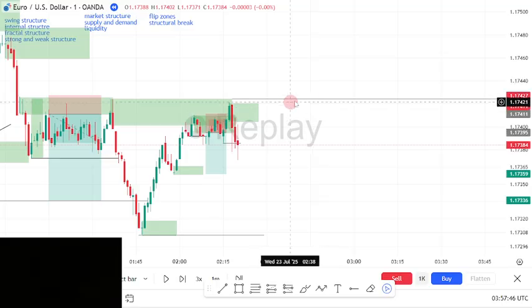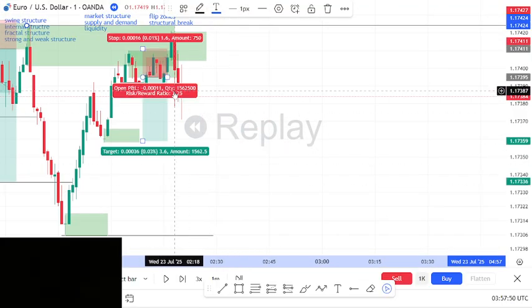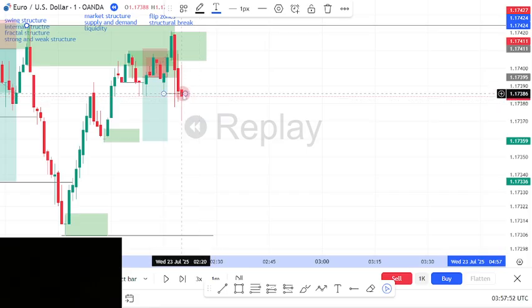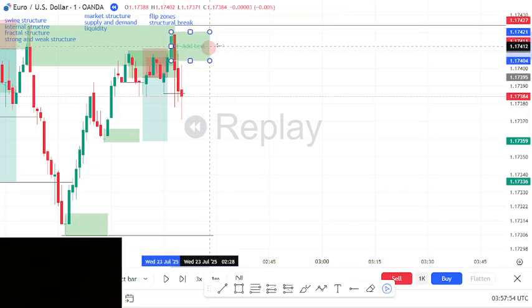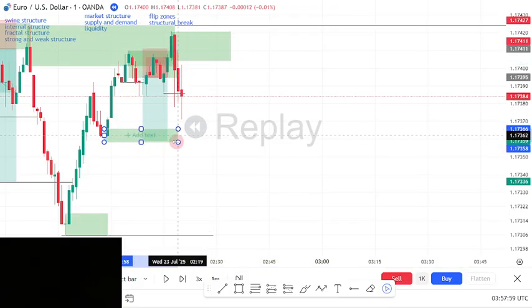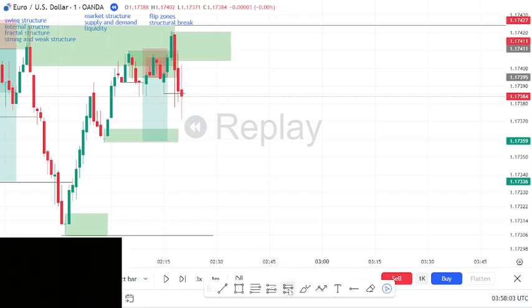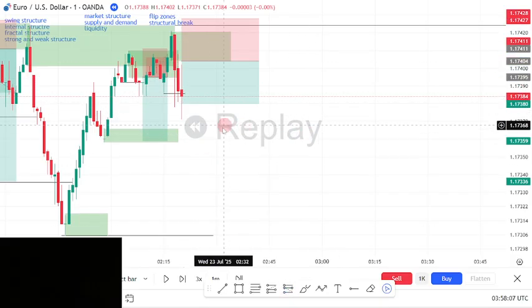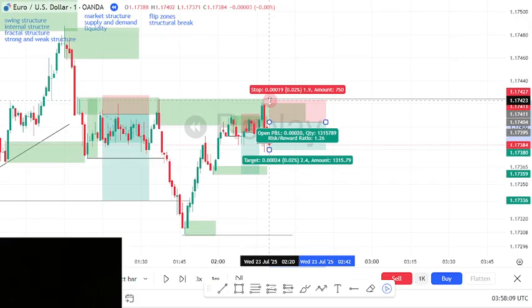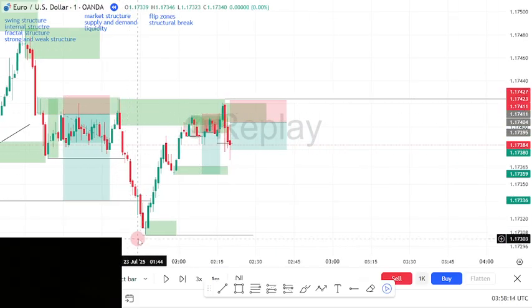From this high to this low, price broke this candle with a candle body close, which is a strong bearish signal. What happened? Price is pulling back. As this one is still holding, the high probability will hold, because we are trading within this range.